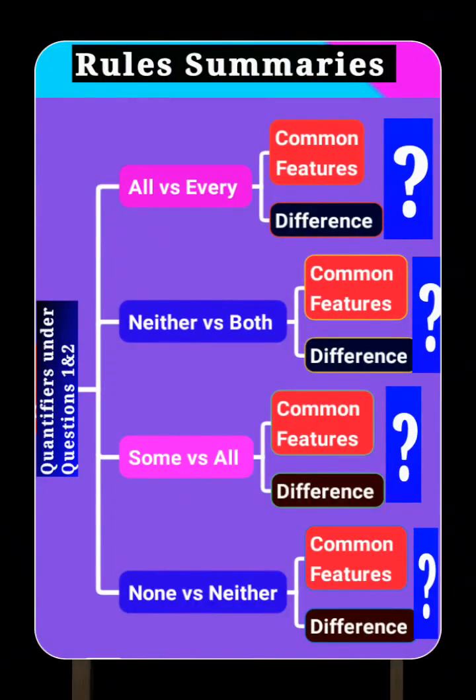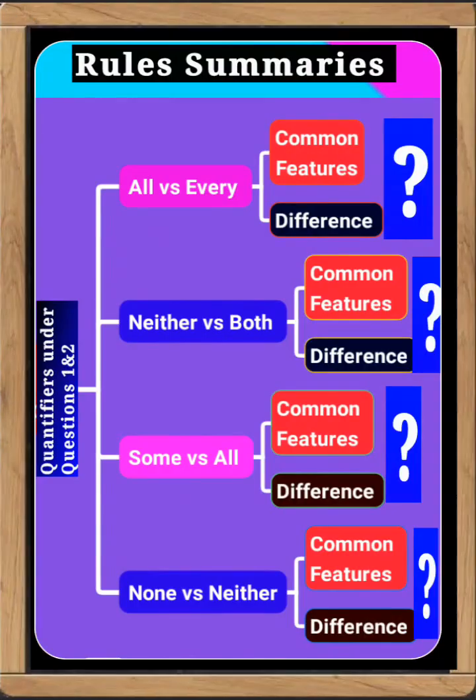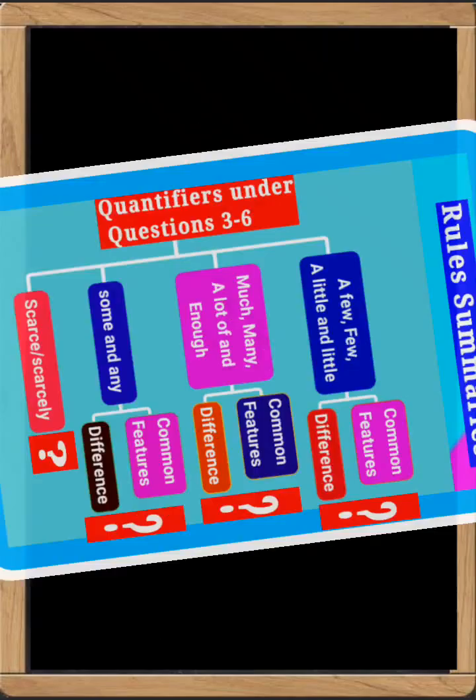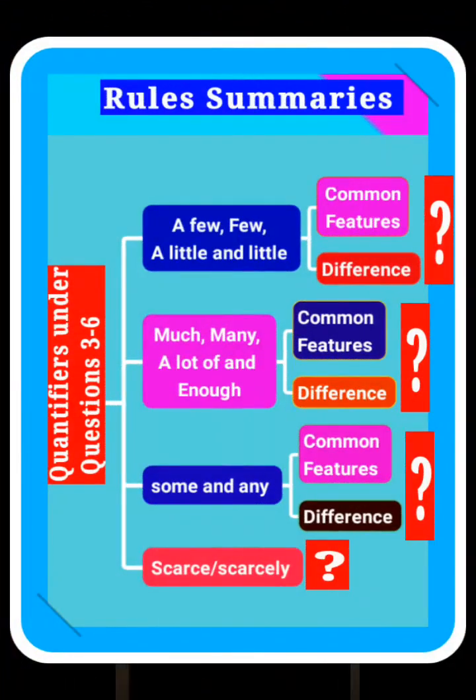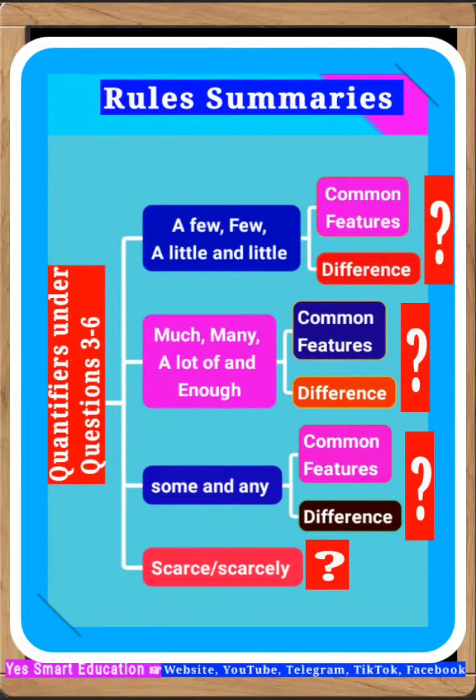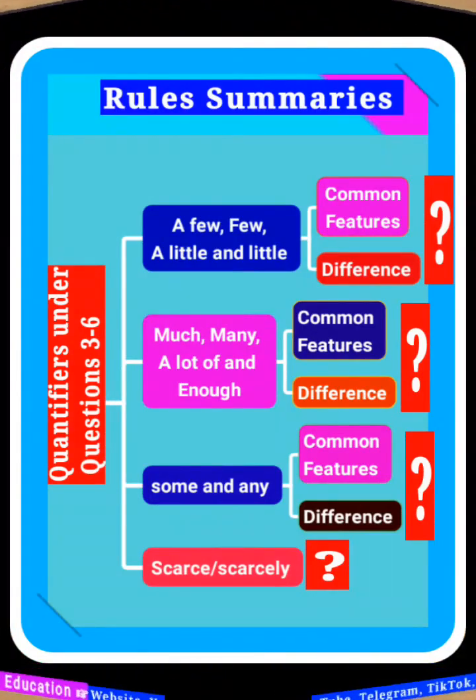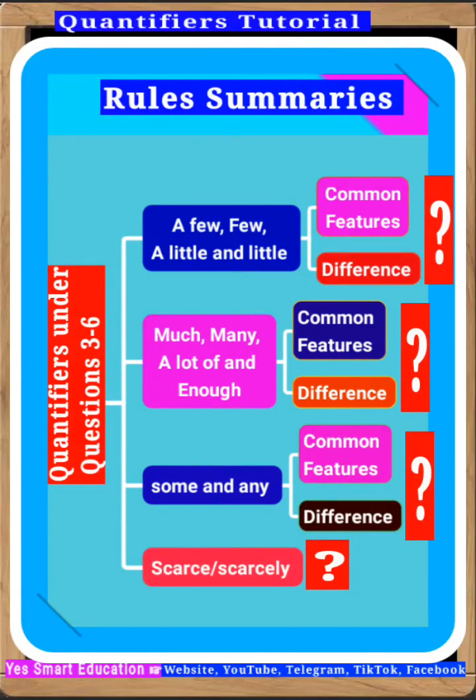I have put these 15 quantifiers under 8 categories based on their relationship. In addition to that, I have shown you their common features and also their differences under each category. Please make sure that you have clearly understood each of these quantifiers, specifically their common features and their differences.